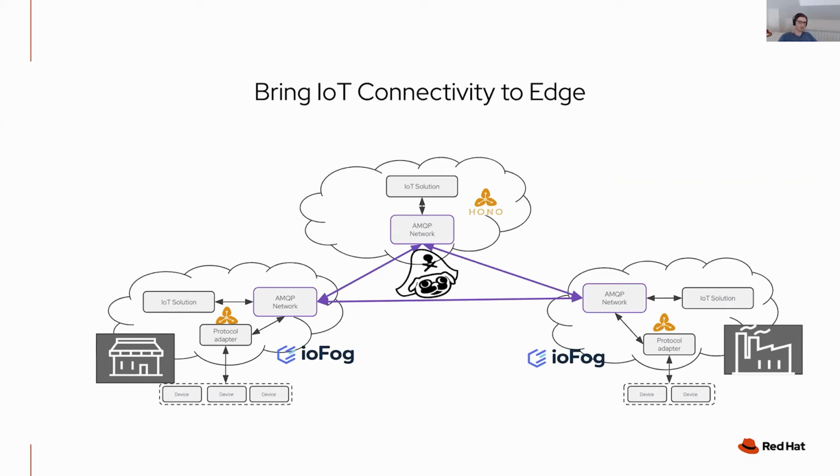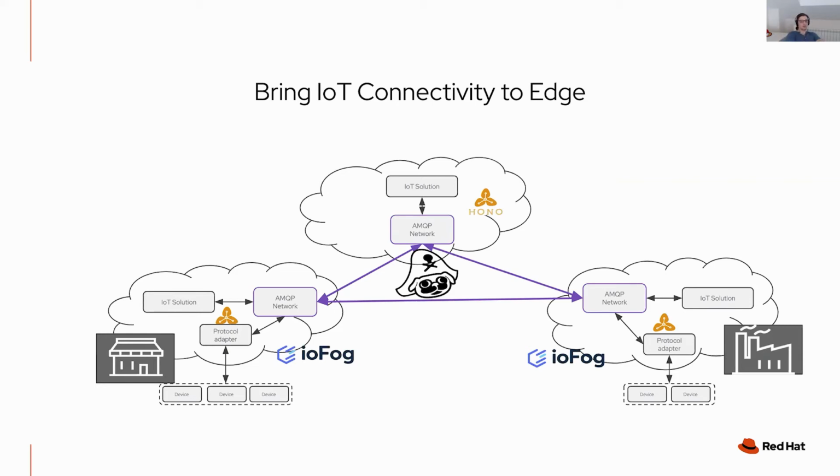So we have Skupper to provide us with the connectivity between the sites on the AMQP layer 7 layer. We have ioFog as an edge computing platform that we can use.